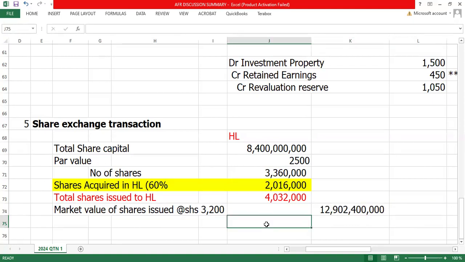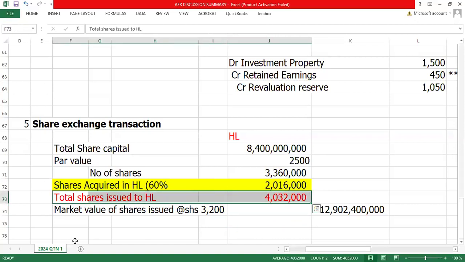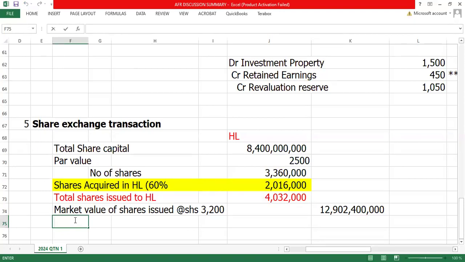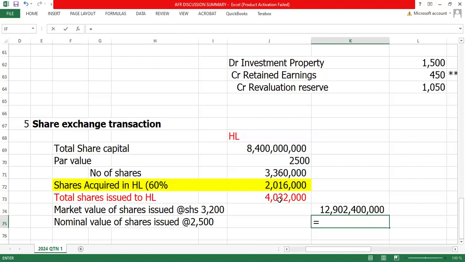But you need to recall that these shares you issued, what was the nominal value? The nominal value was 2,500 per share issued. So initially these ones were in your books at this.